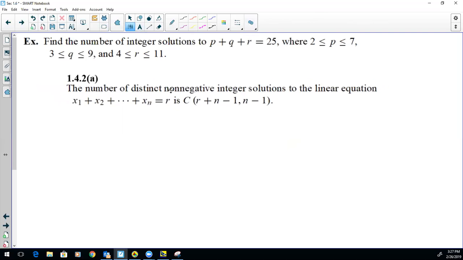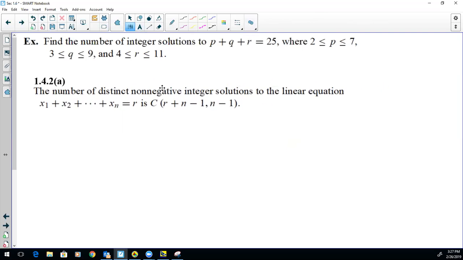What we'll be doing is using the result that we did in theorem 1.4.2a a while back.